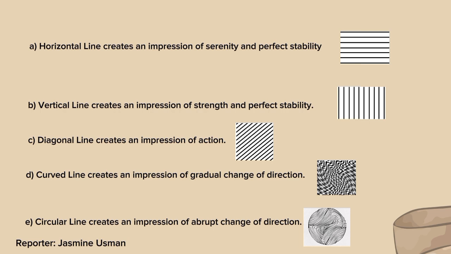The next is diagonal line. Diagonal line creates an impression of action. Diagonal lines are dynamic and suggest movement or action. Unlike the static nature of horizontal and vertical lines, diagonal lines imply energy and direction, often leading the viewer's eye across the composition.